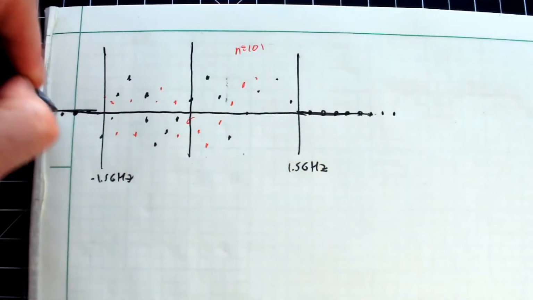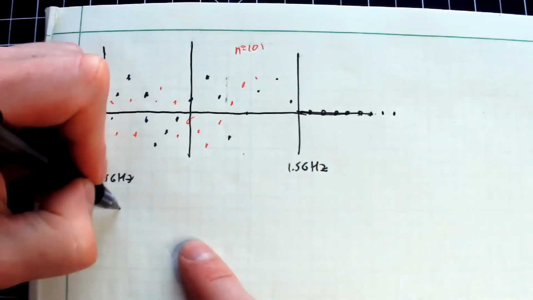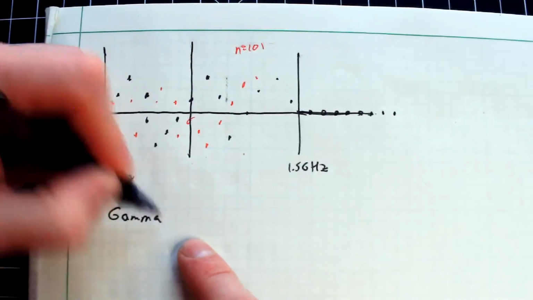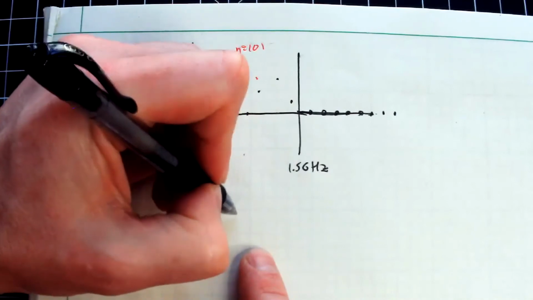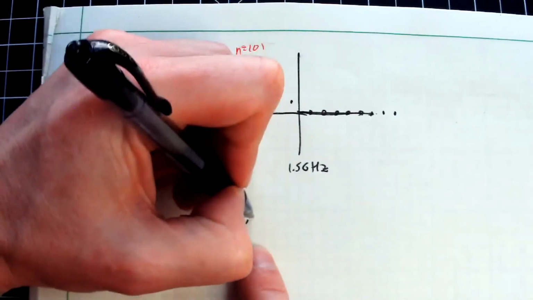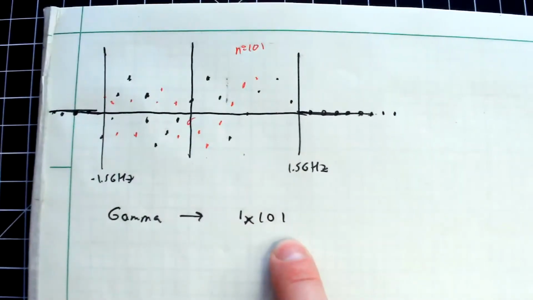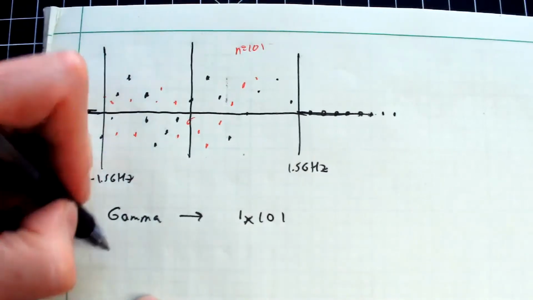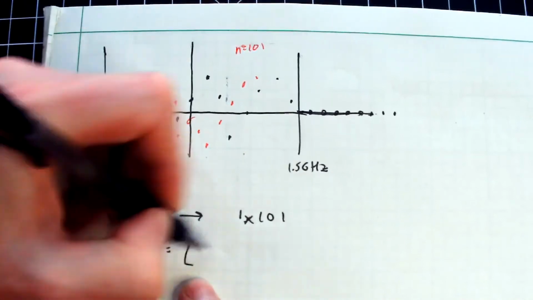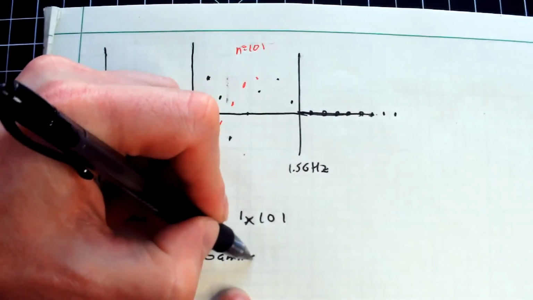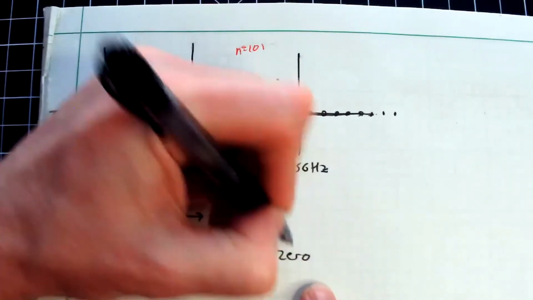Just like that. So you have this gamma. When you actually write your MATLAB code, I have an array called gamma, and this is going to be a bunch of data, 1 by 101 samples. So all you have to do is take gamma, reassign it, and say gamma, comma, and you just slap a bunch of zeros on it.